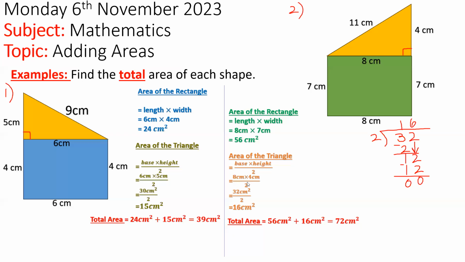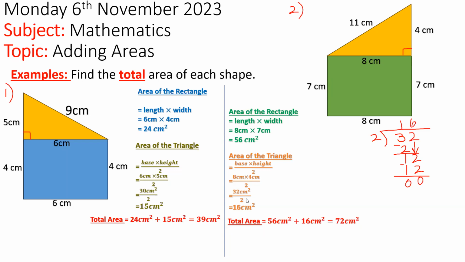And then you divide 32 with 2, right? Yeah, with 16.